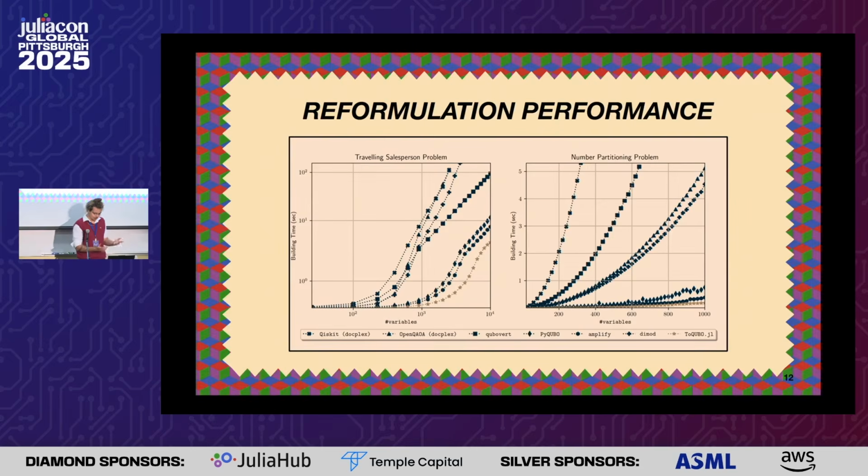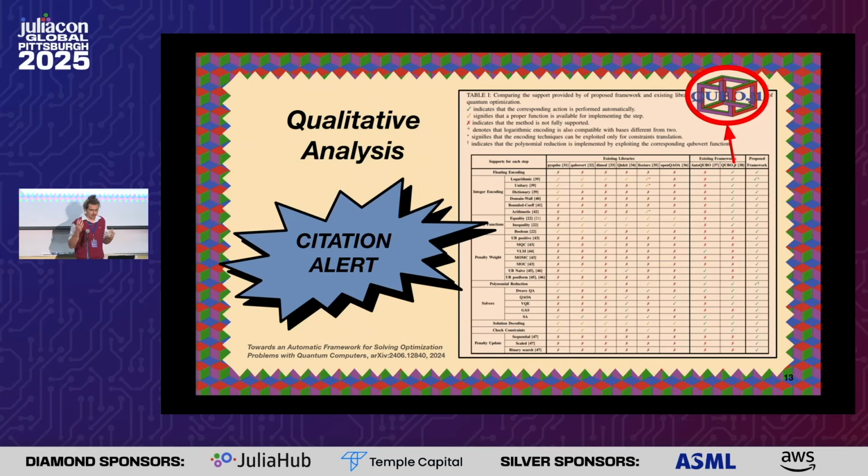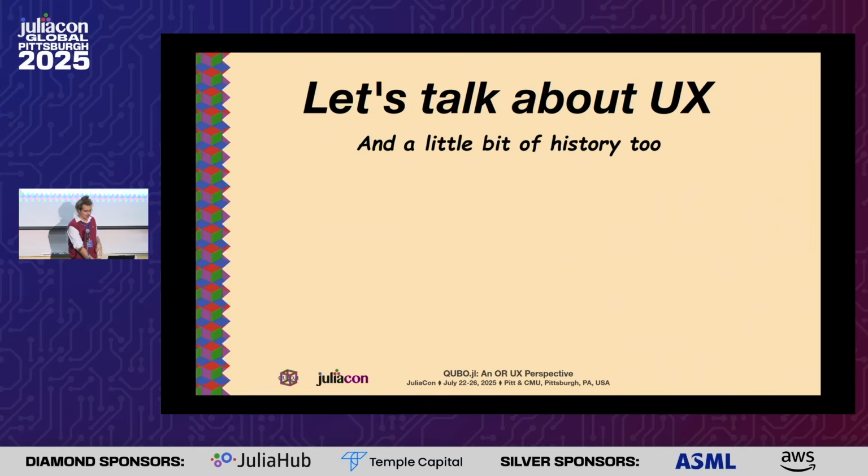And also, it's the fastest thing around and one of the most comprehensive tools for doing these things. But today I want to talk more about user experience and a little bit of the history of how Cubo.jl was developed, and how we can think about the field as it's evolving and other related tools.